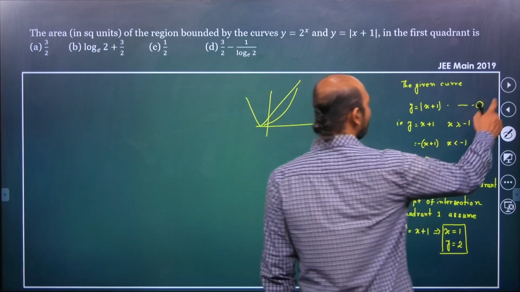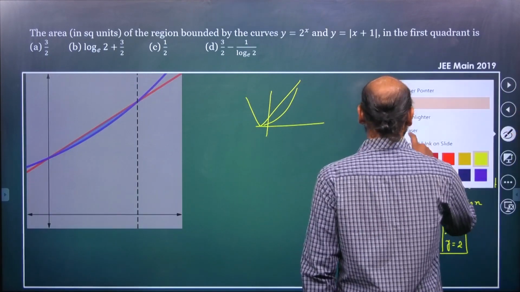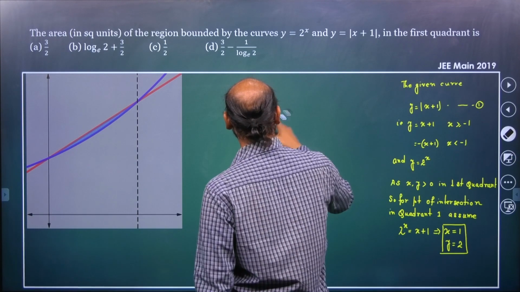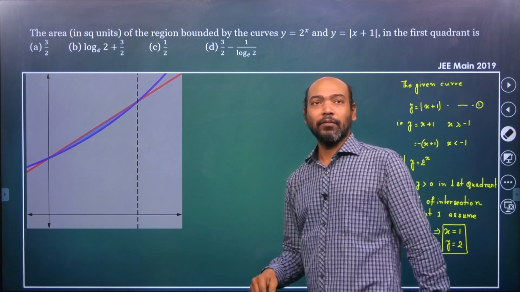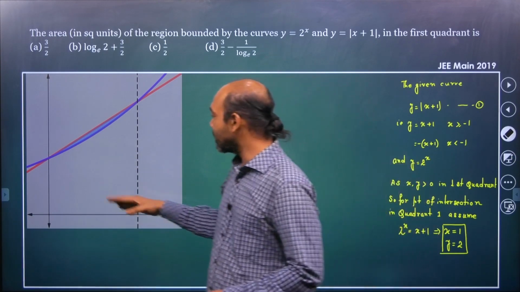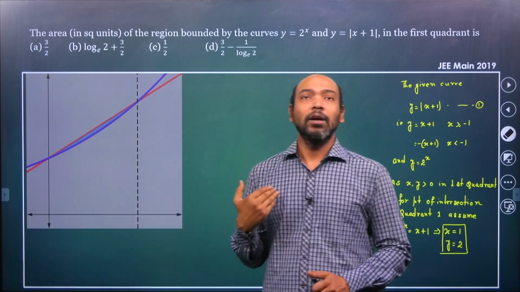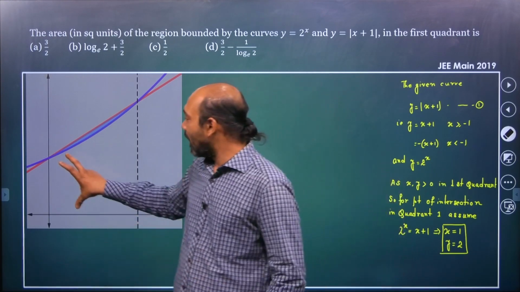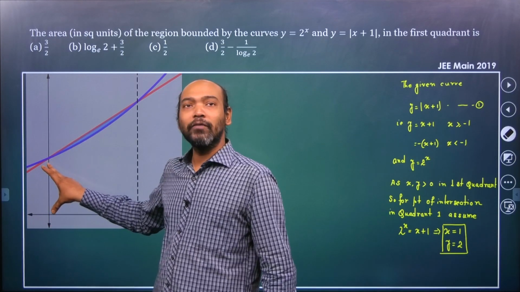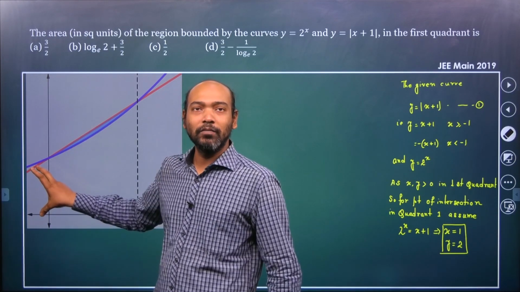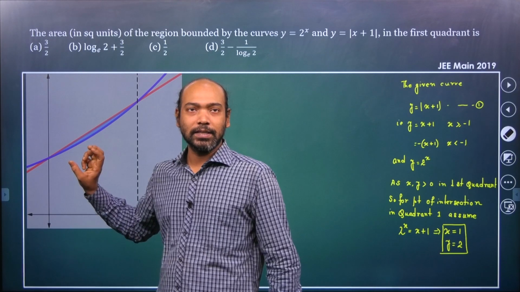So let's draw the curve in a proper way. Now we already mentioned that plot, and you see the graph, they are having the y-axis, x-axis and all that. When x equal to 0, the x plus 1 line has one value, and 2 to the power x also has one value. So this is a point of intersection as well.